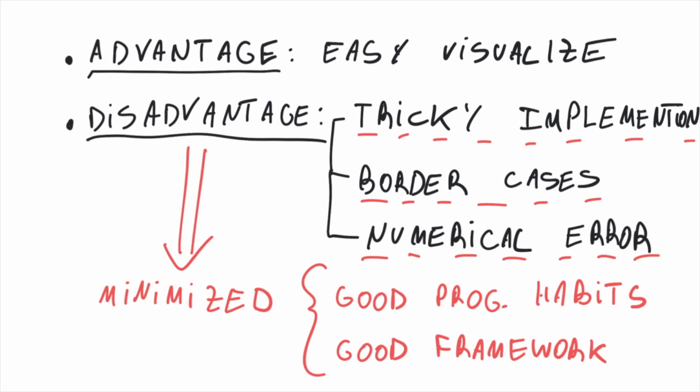So really, the disadvantages that computational geometry problems present, you can minimize them with good habits and a good framework. And once you do this, you will only have the advantage, the easy visualization, and you will start solving them in competition because they will not be the hardest thing for you to tackle.